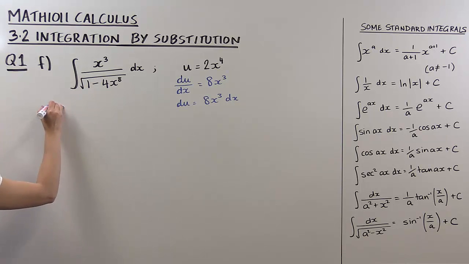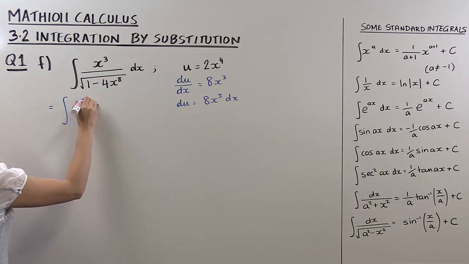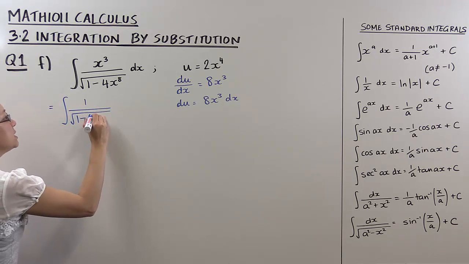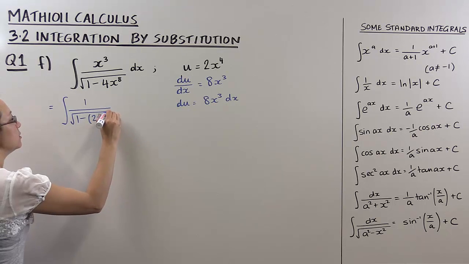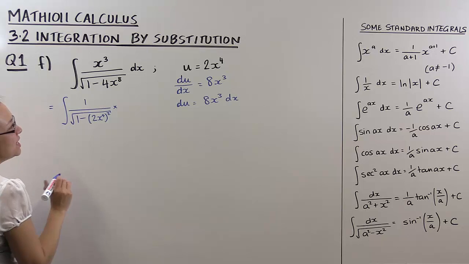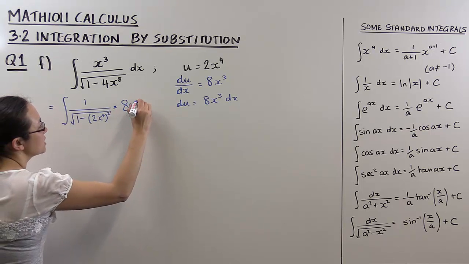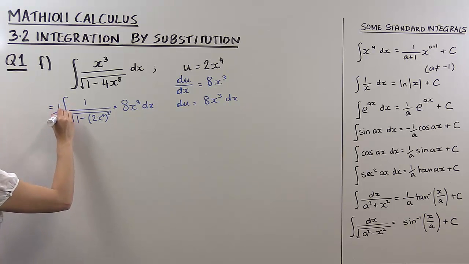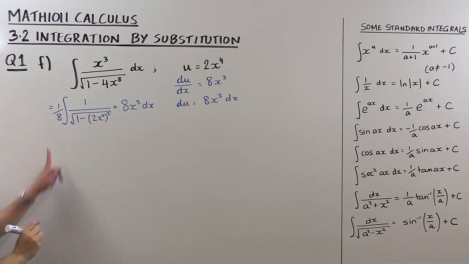So let's rewrite this integral. We have 1 over the square root of 1 minus 2x to the 4 all squared, and then we have an x cubed dx, but I really need an 8x cubed dx to substitute it. So I multiply by 8 and multiply by 1/8 so I don't change the question.